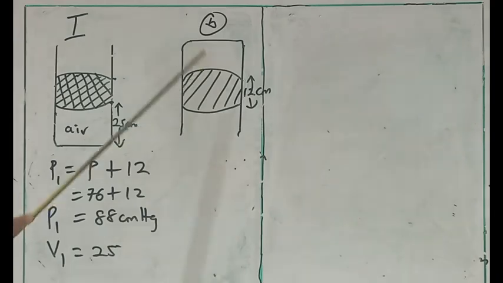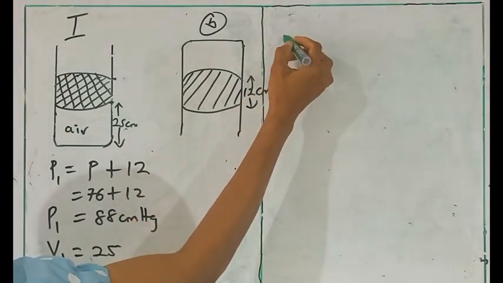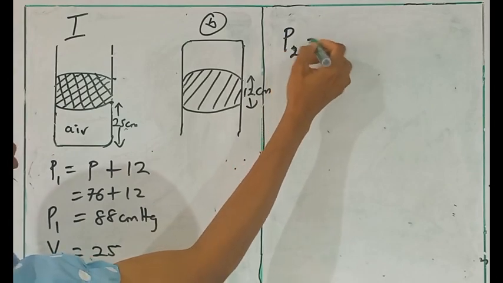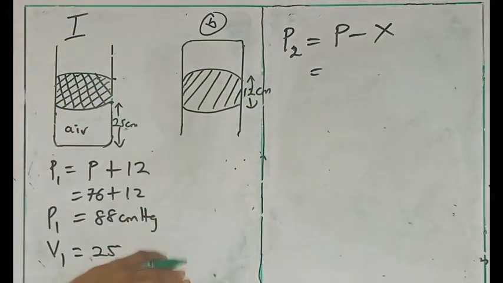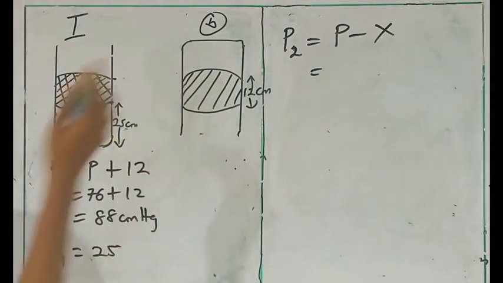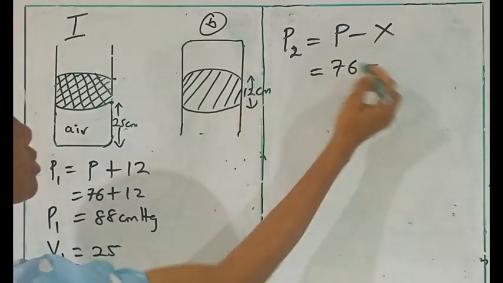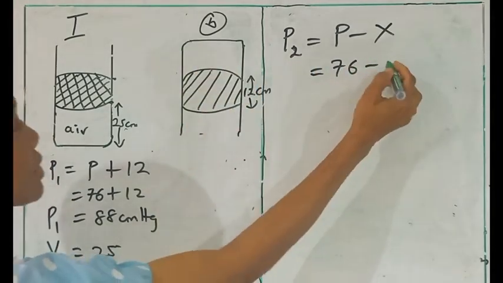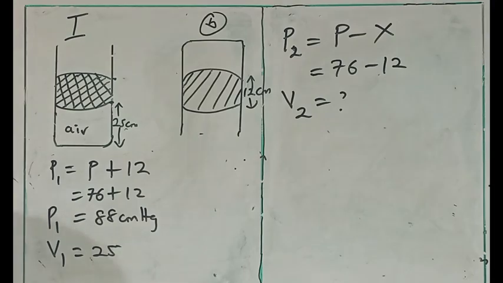It's only this that changed. For A, it was held horizontally. Now it is held vertically with the bottom facing up. And in this case, remember that P2 will be P minus X. Hope you remember: when it's facing down it is plus, when it's facing up it is minus. So we have 76 minus the length, which is X, 12. And then volume V2 is what we are looking for.